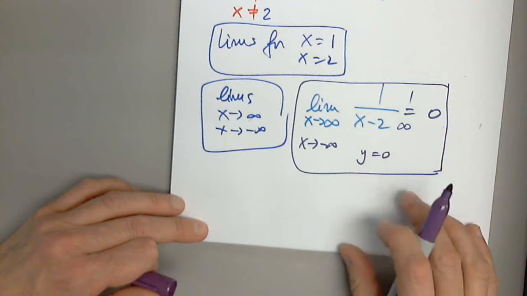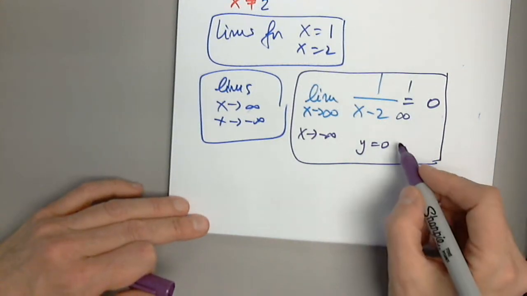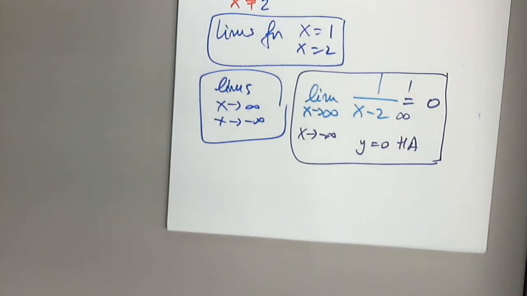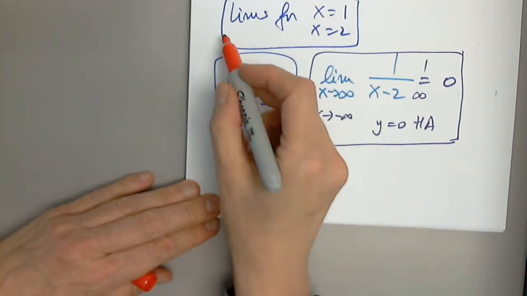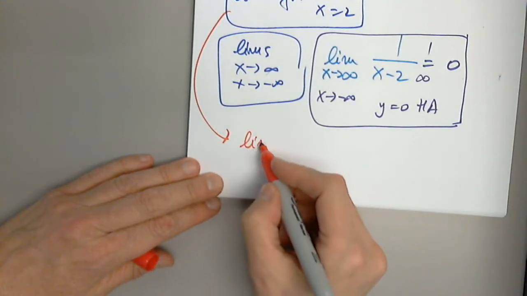That y equals 0 is a horizontal asymptote, since we did not use the fact that x approaches infinity or negative infinity is at both sides. Furthermore, it's a rational function, so that's what happens with rational functions.